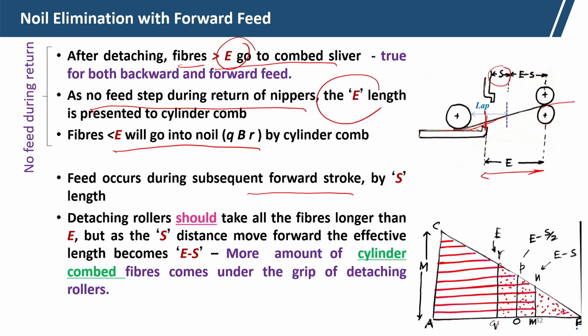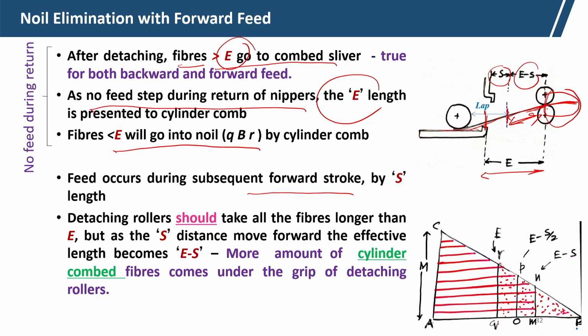The additional S of the previously combed fringe will enter into the action of the detaching roller, but the remaining portion will be E minus S. So, only E minus S of the combed fringe is under the control of the detaching roller.